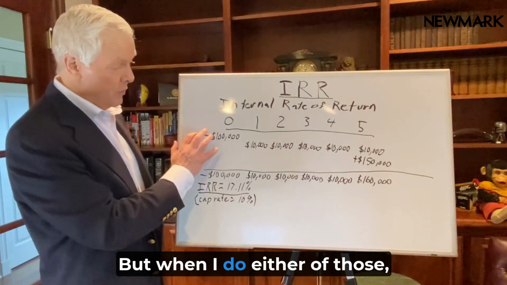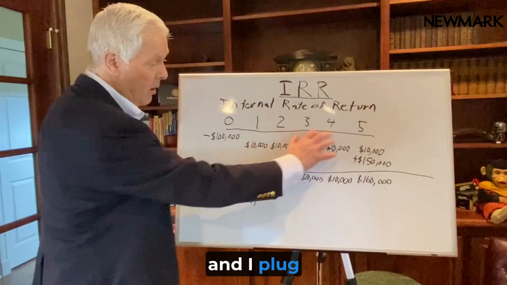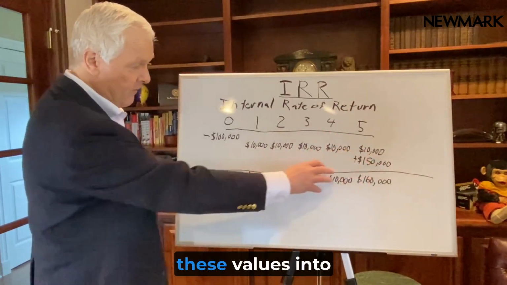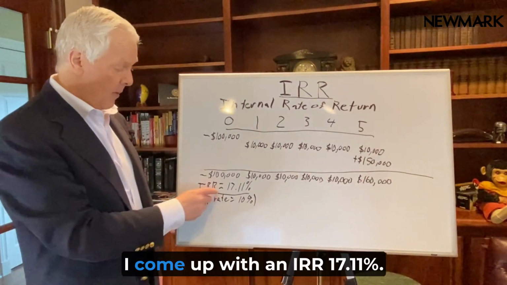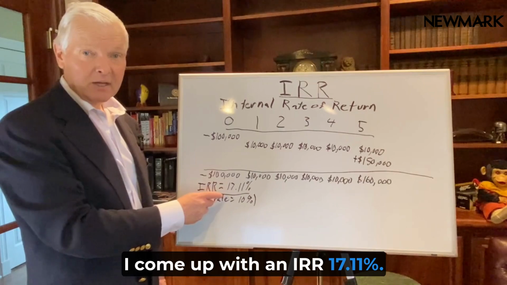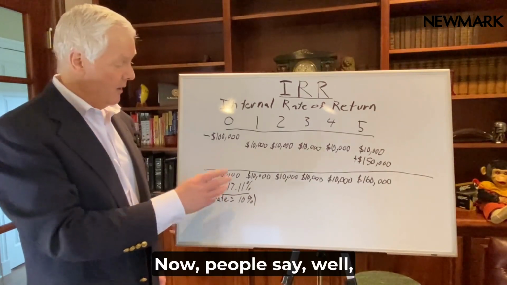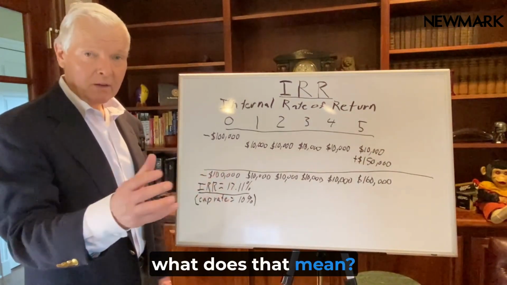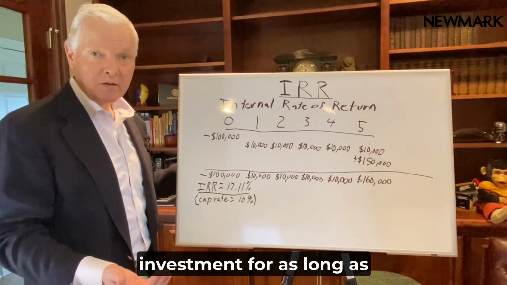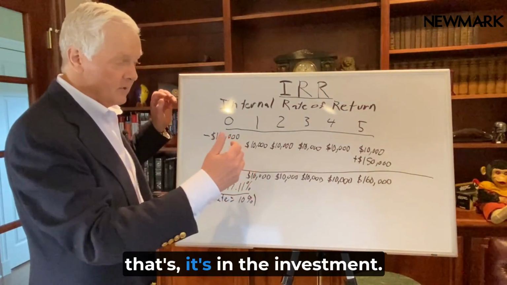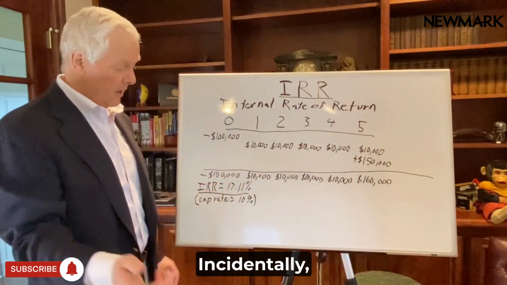But when I do either of those and I plug these values into my spreadsheet, I come up with an IRR of 17.11%. Now, people say, well, what does that mean? What does that mean? Well, that is our return on this investment for as long as it's in the investment.